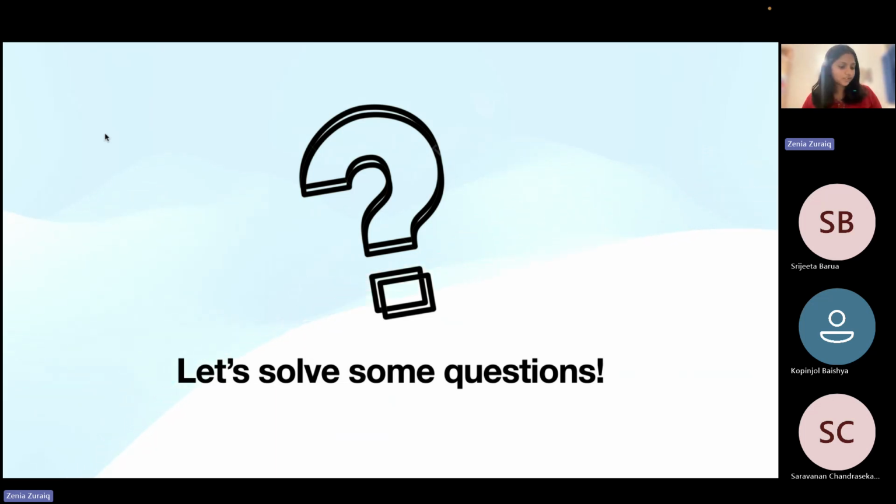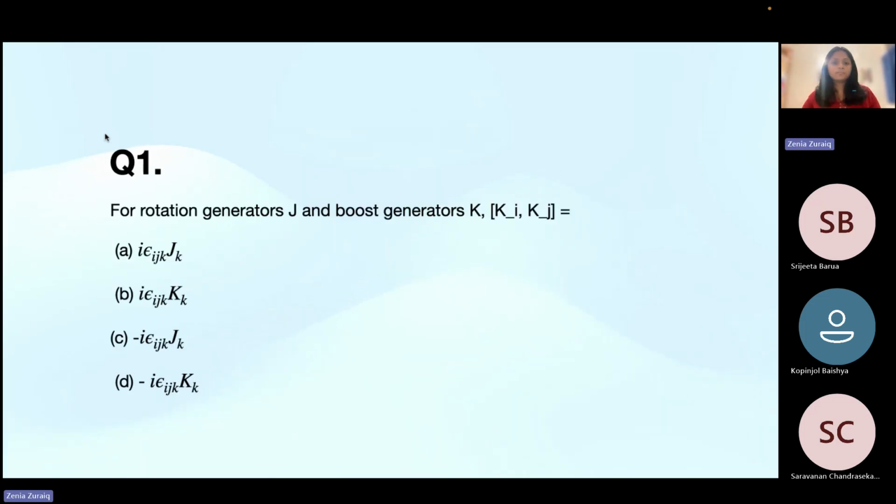There are only a few of us, so let's try to answer them together. Okay, first question. For rotation generators J and boost generators K, what is the commutator of Ki Kj? We just spoke about this, right?